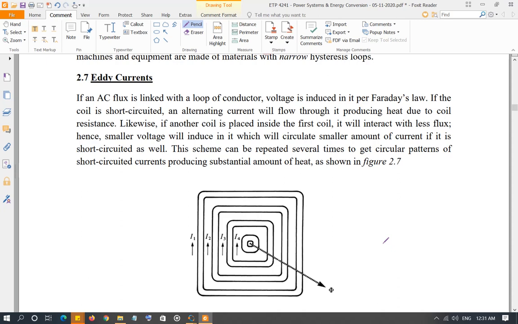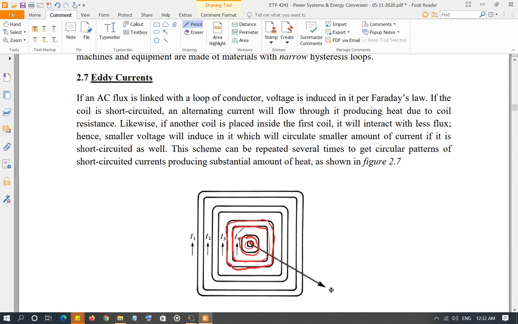When the magnetic flux changes, remember what happens according to Faraday's law of electromagnetic induction: a voltage is induced in the coil. In this case, the core is acting as a big huge coil which is short circuited. So what's going to happen? Voltage is induced in the small circles, and since it is acting as a short circuit, current starts flowing in a concentric fashion in the core.